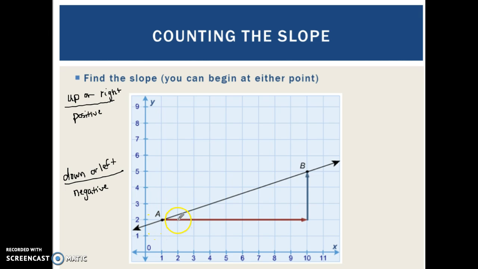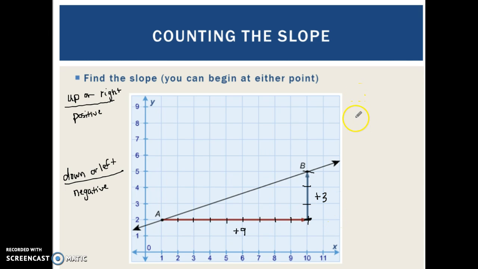If I count the units to the right, it's 1, 2, 3, 4, 5, 6, 7, 8, 9. So it was a +9 for my horizontal change. Now to count my vertical change, I'm going to start here and count up until I hit B. So 1, 2, 3. Since I counted up, it's a positive change.